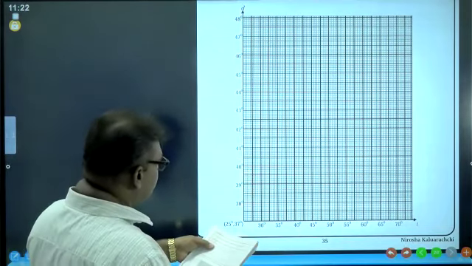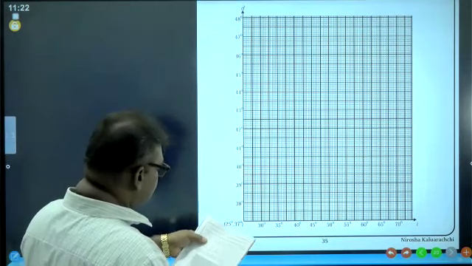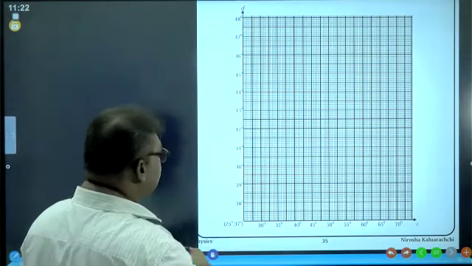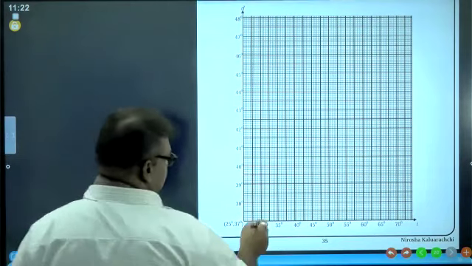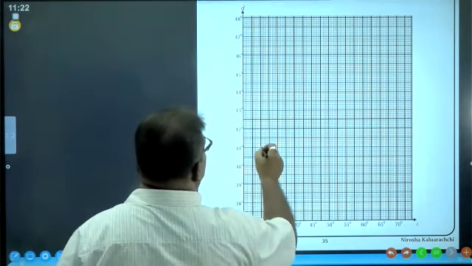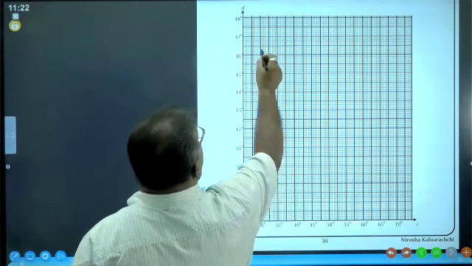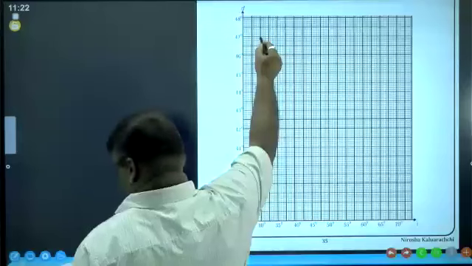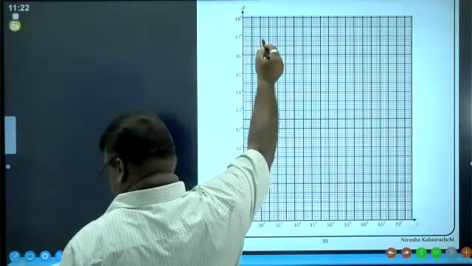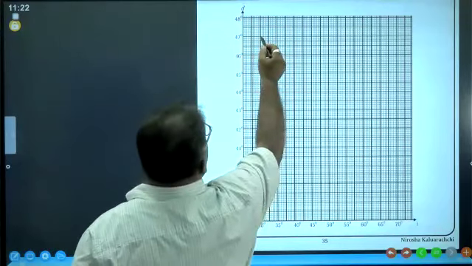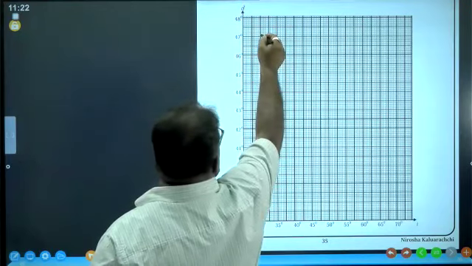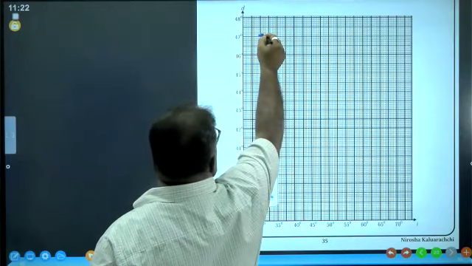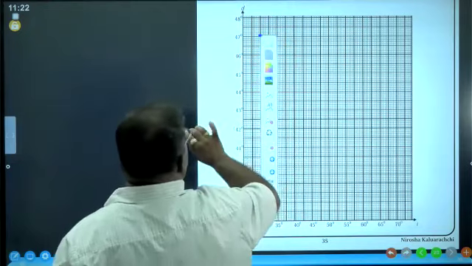First one, I1 is 30 degrees, deviation 47 degrees 5 minutes, no? 30 to 47, 47 right here. 47 degrees 5 minutes right here. Nearly like this.